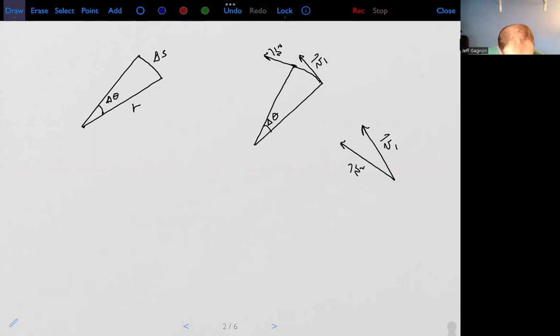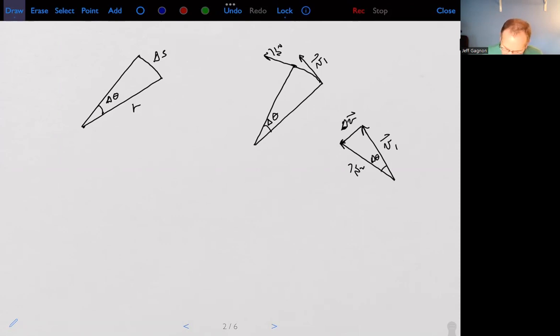And then this distance right here is really delta v. Okay, that's really v2 minus v1. If you did that actual subtraction, you'd find that that length is delta v. This is delta theta here.